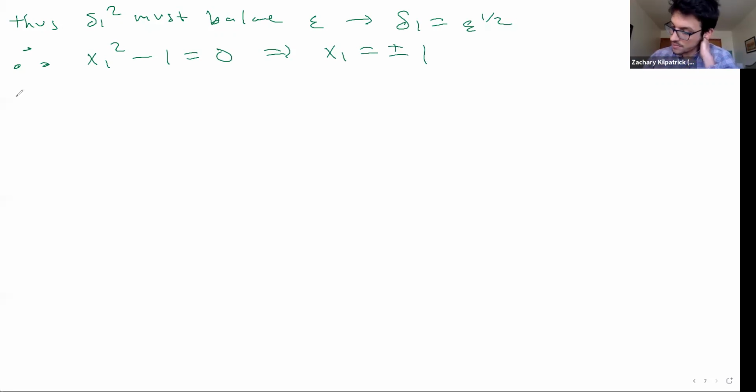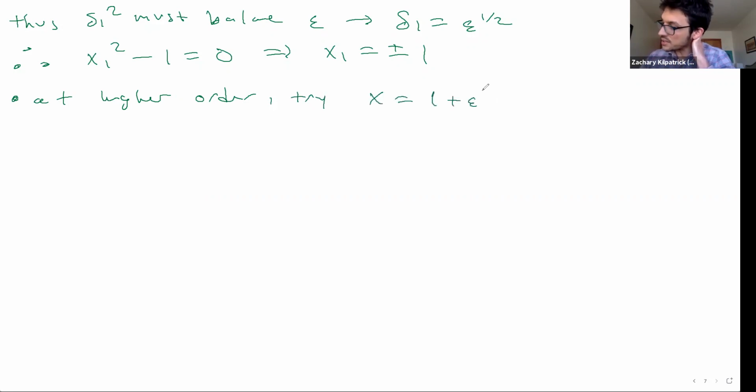Now at higher order, you can just do this again, right? At higher order, you don't have to necessarily say that at next order, the term is going to be epsilon to the 1/2 squared, which would be epsilon. You could leave it much more general. So you could try x equals 1 plus epsilon to the 1/2 plus delta 2 x2.